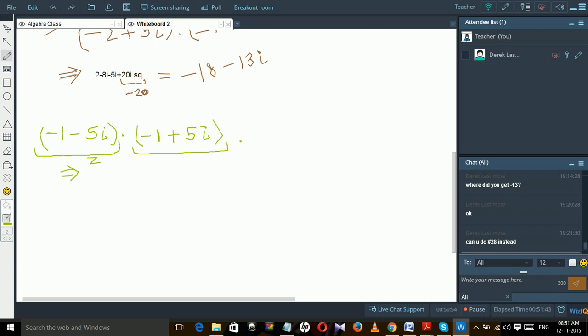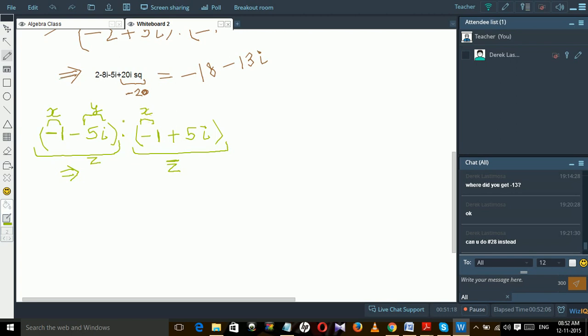Can you do 28 instead? Okay, yeah, sure. After this, we are moving on to 28. This has an interesting property. Suppose this is a complex number z, and this is z conjugate.